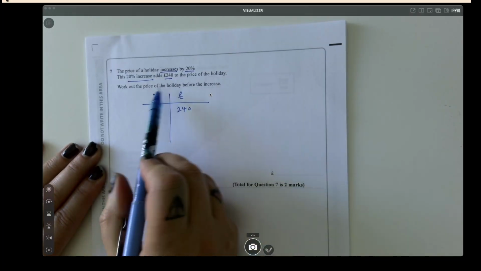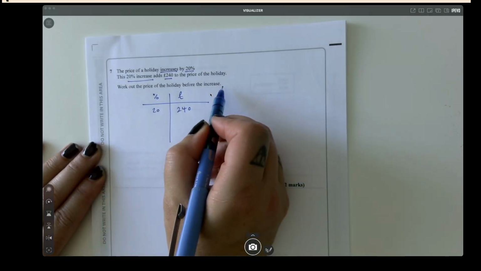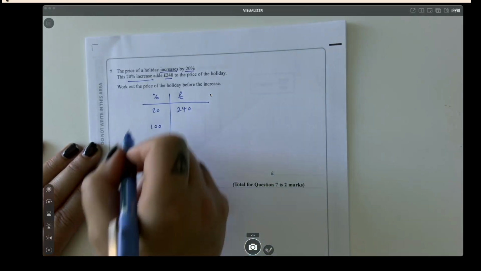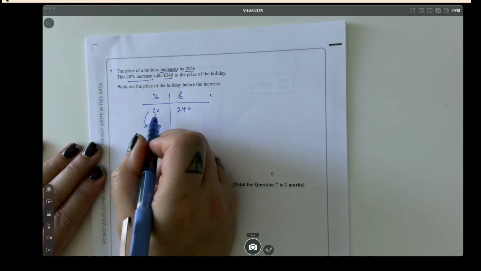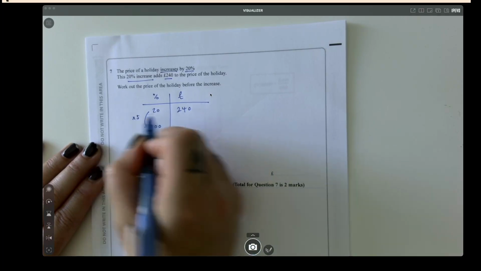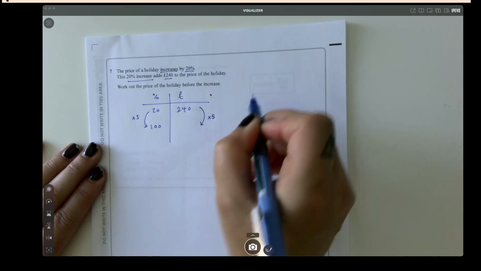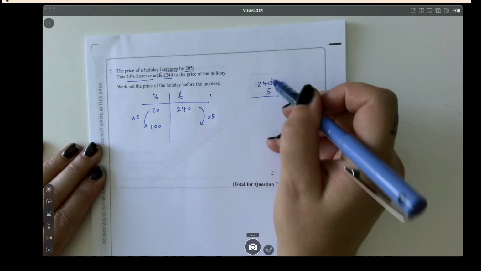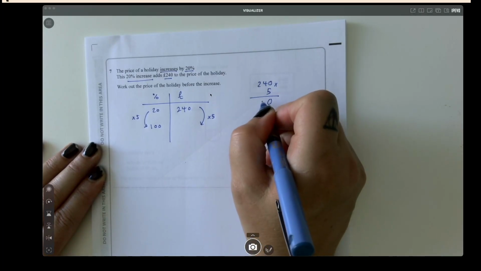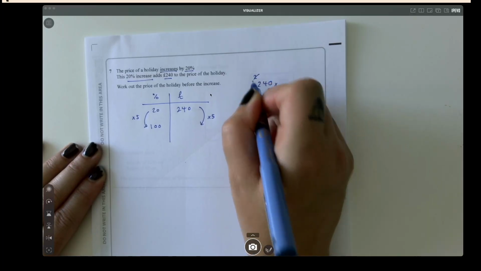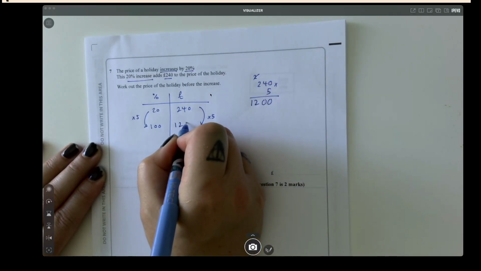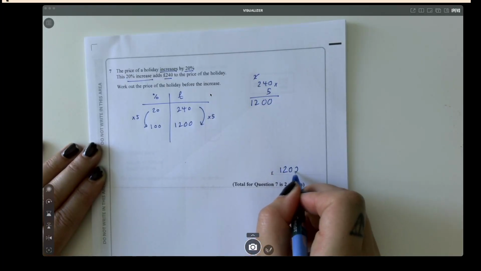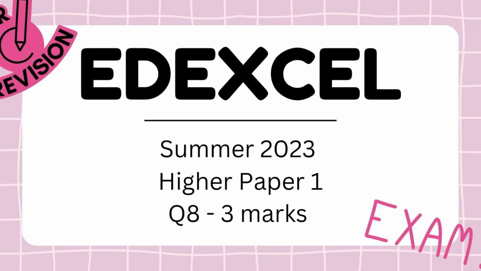We're trying to find the original price before the increase, so we're wanting what the original 100% would be. Well, 100 divided by 20 is 5, so if I multiply by 5, that will tell me the original price of the holiday. So 5 multiplied by 0, 5 multiplied by 4, 5 multiplied by 2. So the price of the holiday before the increase was £1,200.